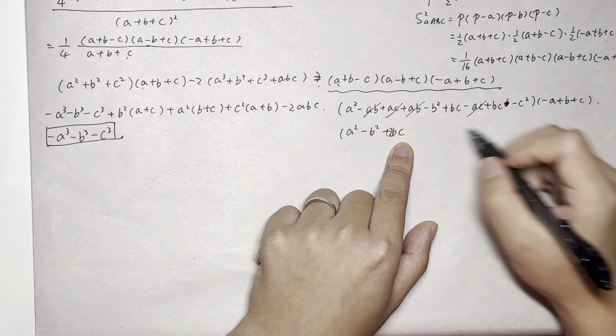minus a to the power 3 and plus a squared b plus a squared c, right? Plus a squared b plus a squared c plus ab squared, right? This is ab squared and minus b to the power 3 and minus b squared c. This is minus, and for this one, we minus twice of abc, right?